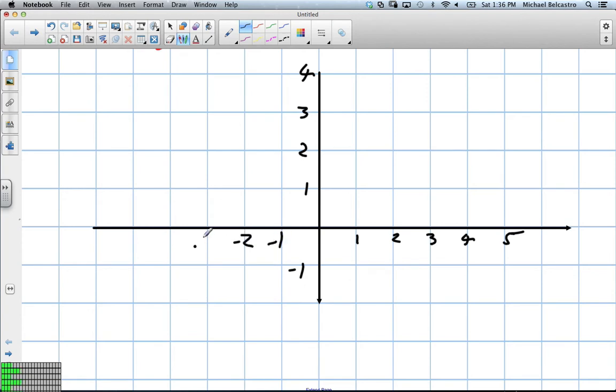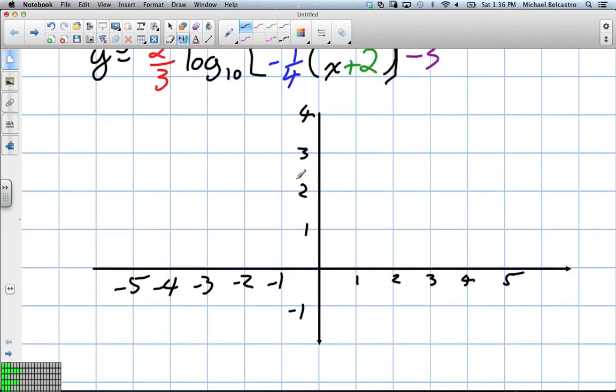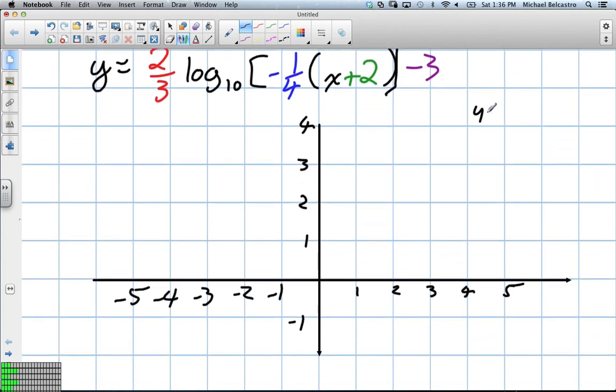If it was just y equals log 10, our x-intercept would be at 1. We'd have a vertical asymptote at 0, and it would be doing something like this.